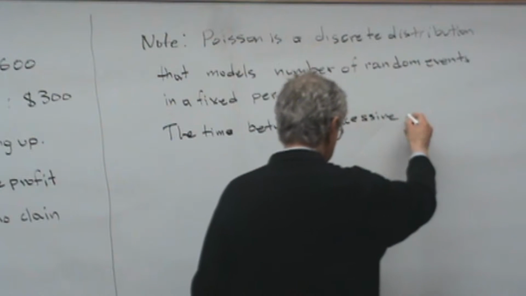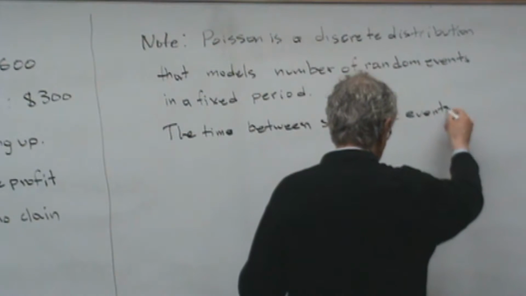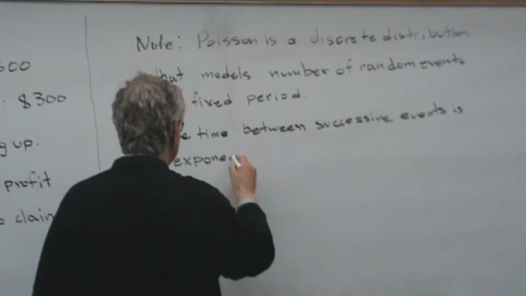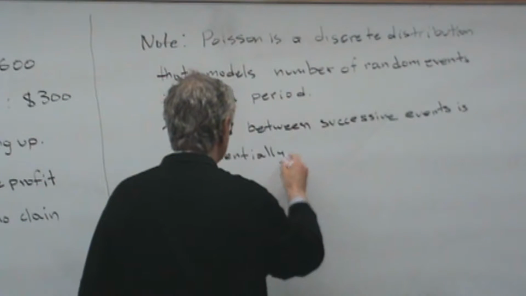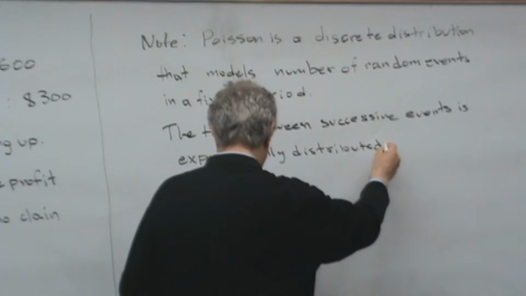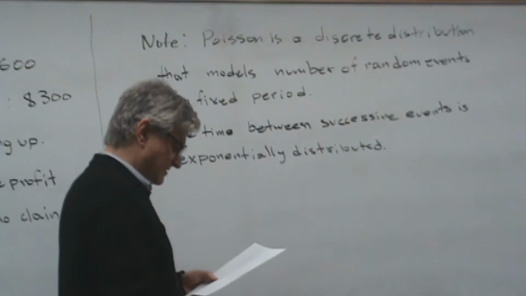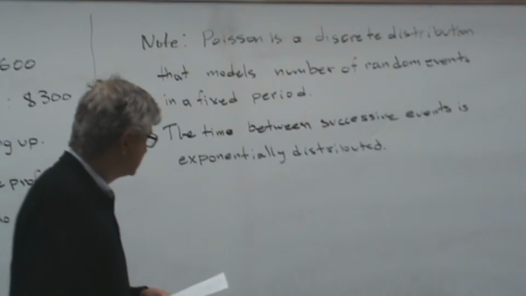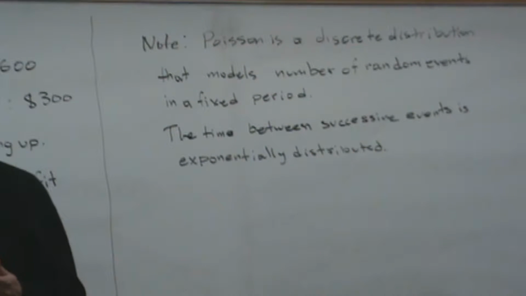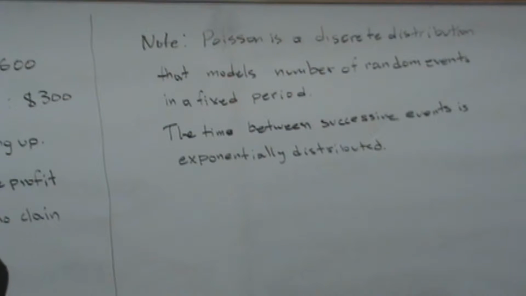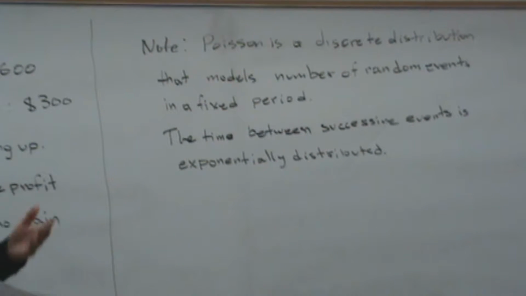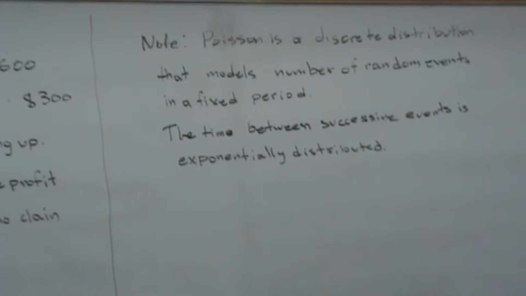If they are exponentially distributed, the time that it takes from one occurrence of an event to the next is random and independent from one event to the other.